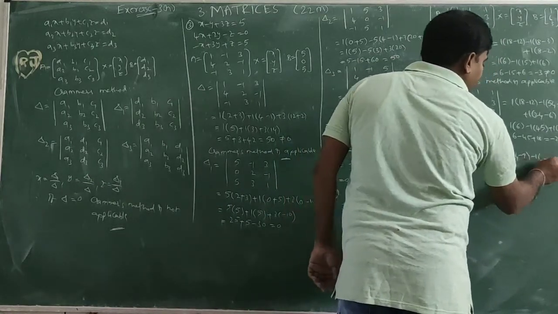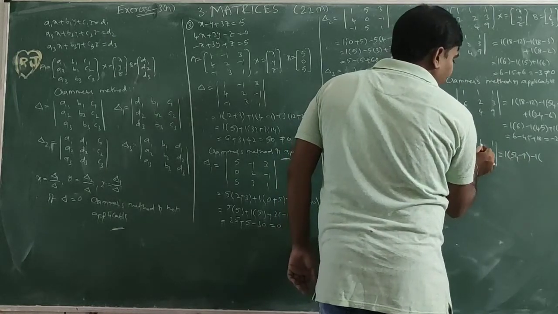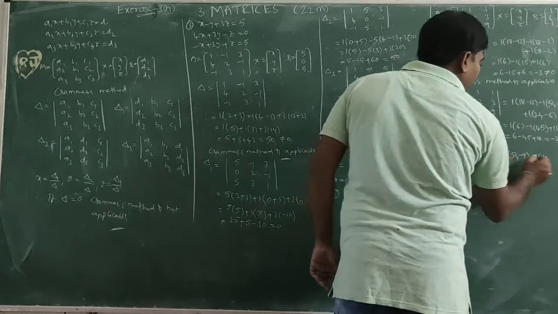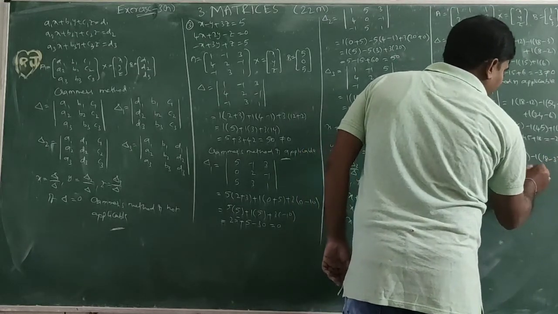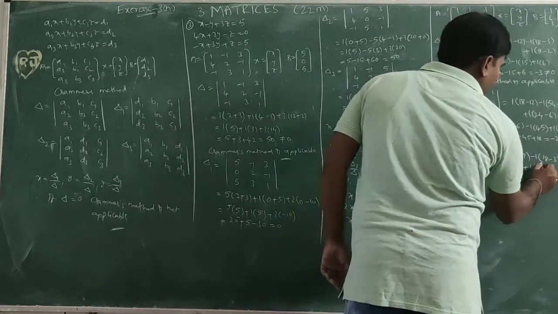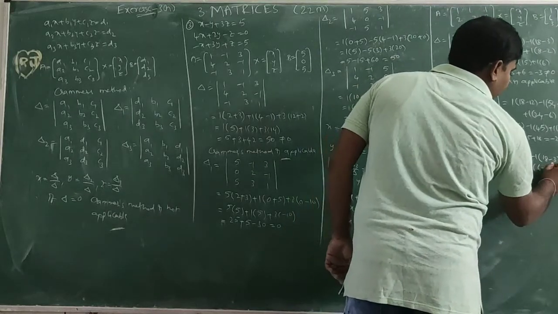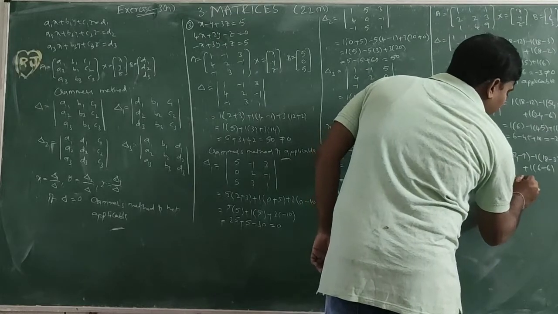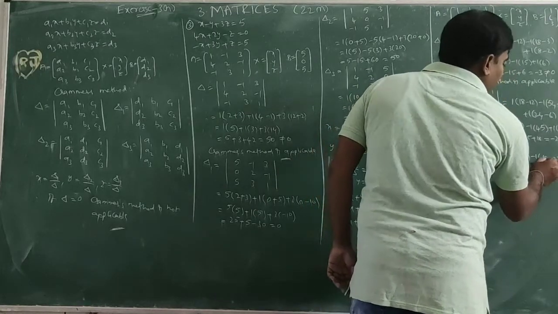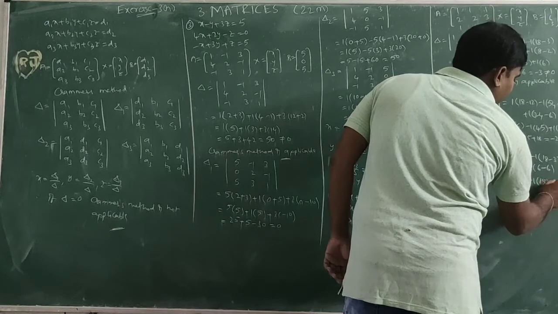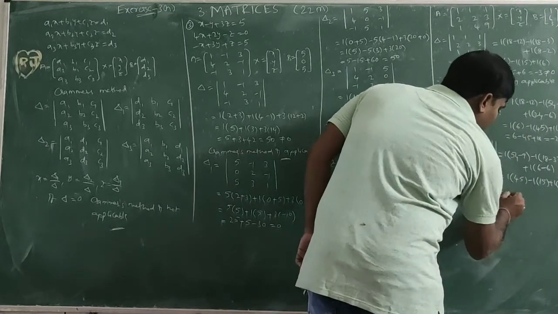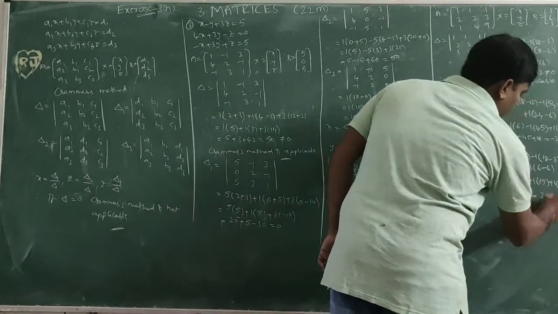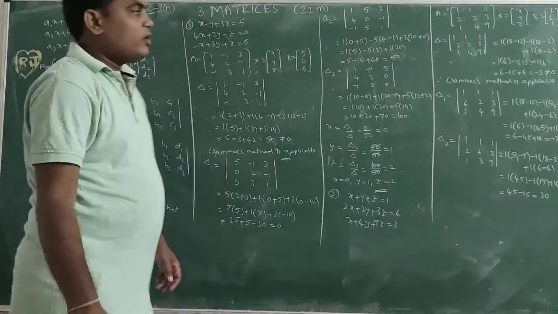Minus 1 half, changing the sign, 2 into 9, 18, 1 into 3, 3, 18 minus 3, 15. Plus 1 half, 2 into 3, 6, 1 into 6, 6, 6 minus 6, 0. So 45 minus 15 equal to 30. Next.